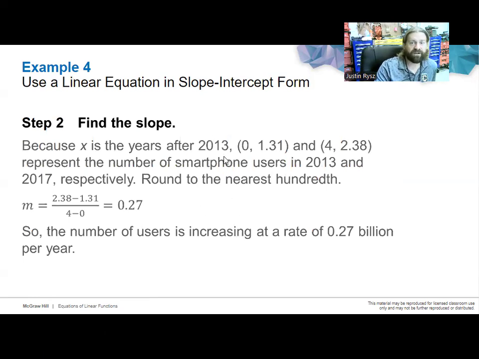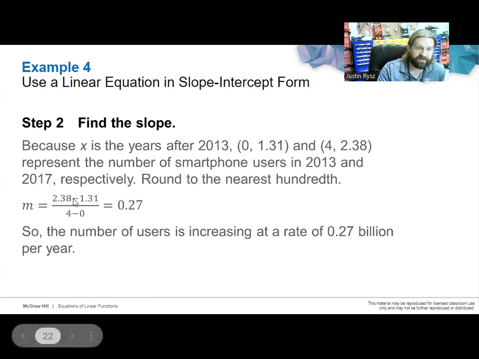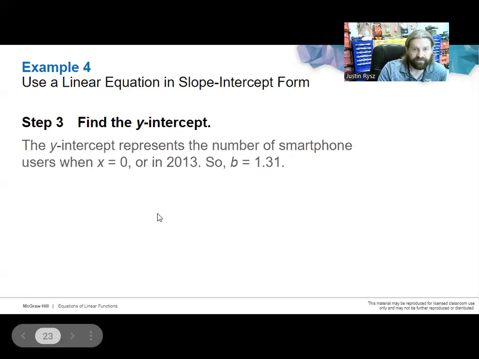And we can look at this here and kind of figure out the slope. In 2013, there was 1.31, so we can see that at the point 0, 1.31. And then in 2017, there were more. That's 4 years later, there were 2.38. And so we can use that to figure out the slope, plug it into the equation, subtract the y's, subtract the x's, and we get a slope or an increase of 0.27 billion per year.